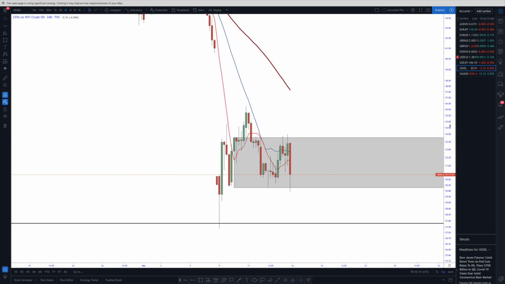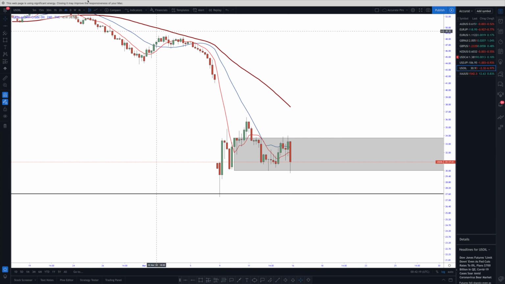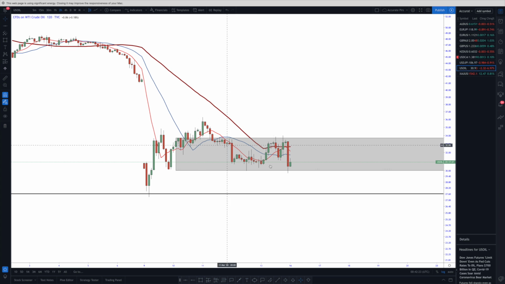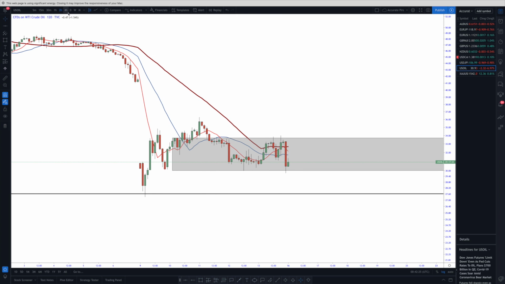So probably with oil, I'm gonna wait for this little breakout out of this area here.